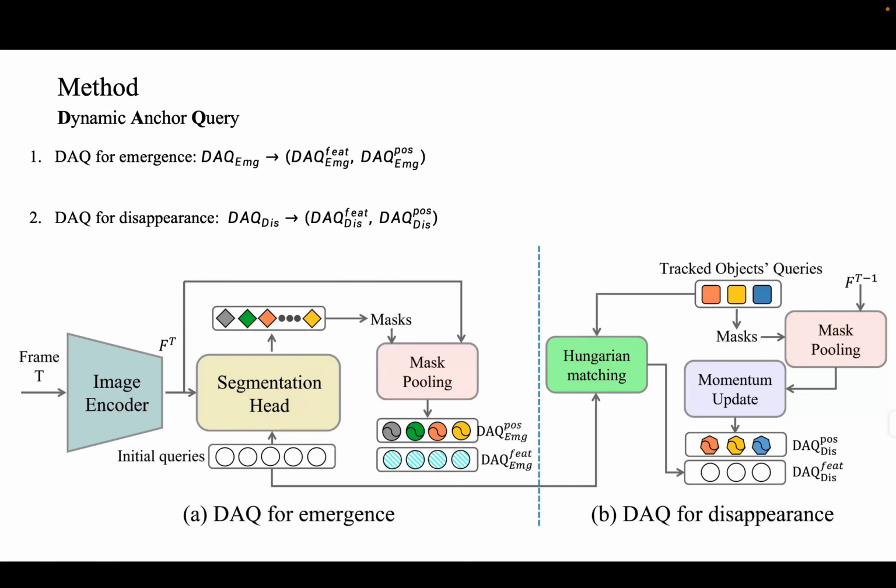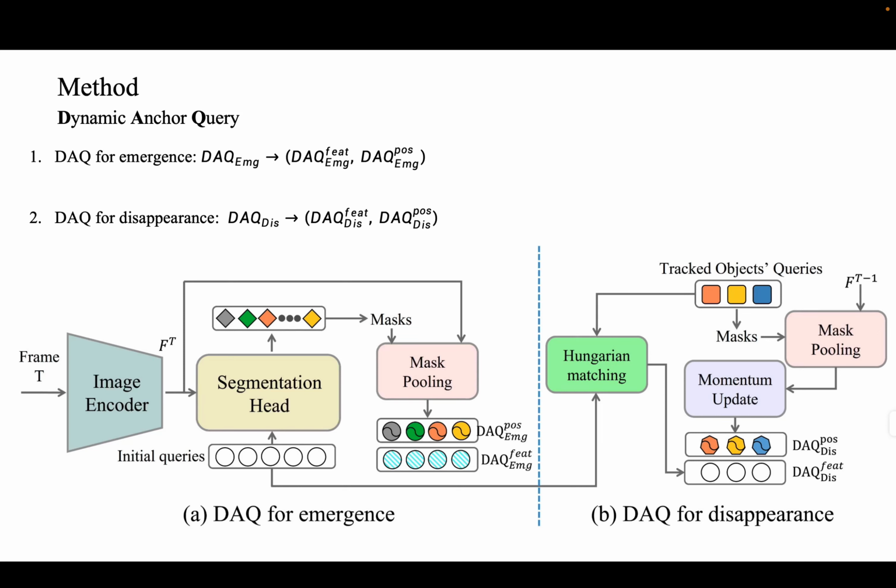Now, we introduce how to generate these anchor queries dynamically. Both DAQs for emergence and disappearance consist of 2 parts, which are query feature and positional embedding. For emergence DAQ, the query feature is a learnable embedding shared by all dynamic anchor queries, and the query positional embedding is obtained using the appearance features of the candidates through simple mask pooling.